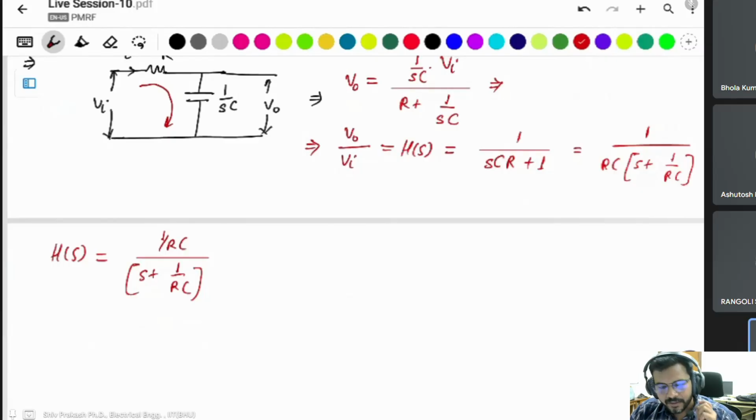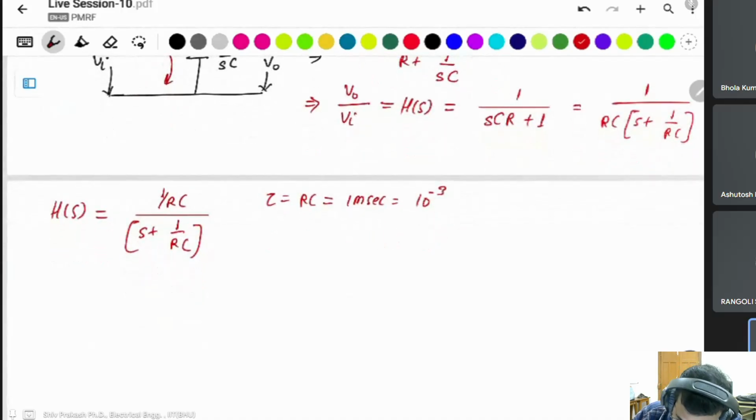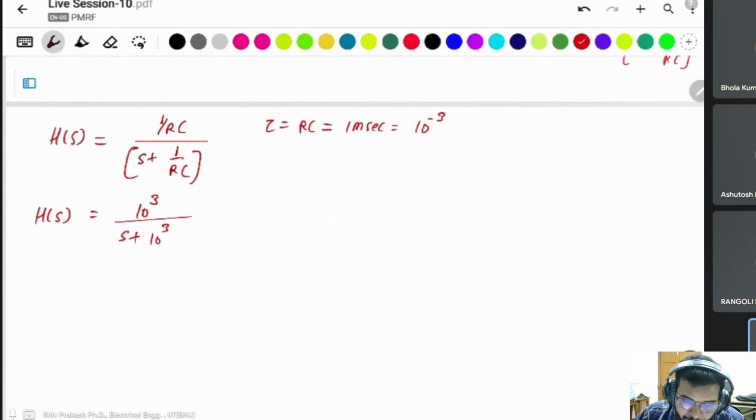It is given that the time constant tau is equal to RC, which is 1 millisecond, meaning 10 to the power of minus 3. So 1/RC is 10 to the power of 3, and H(S) is 10^3 divided by (S plus 10^3). There is no need for magnitude here.